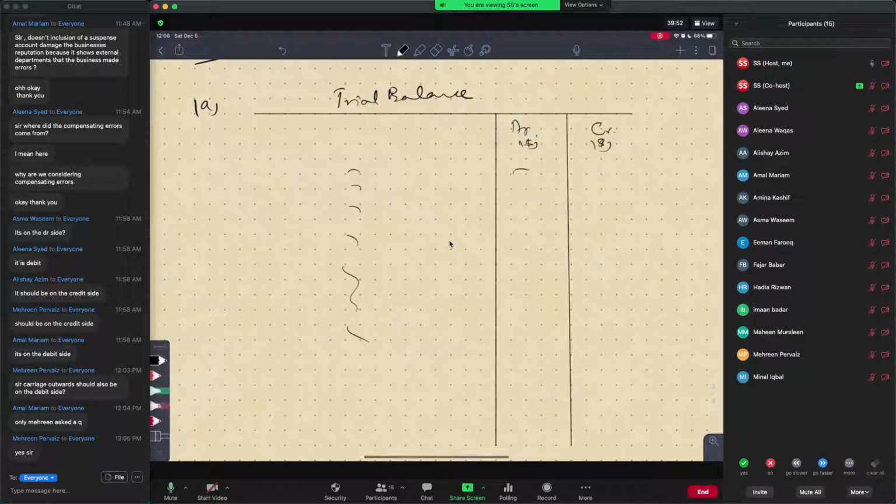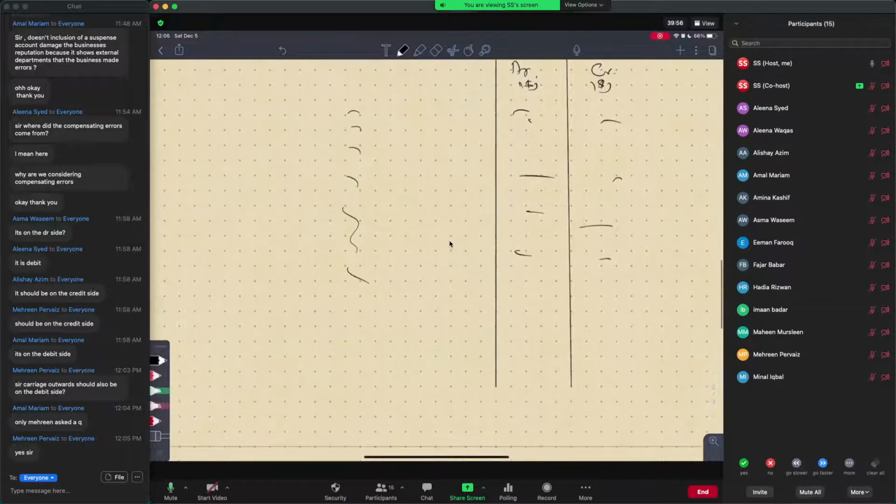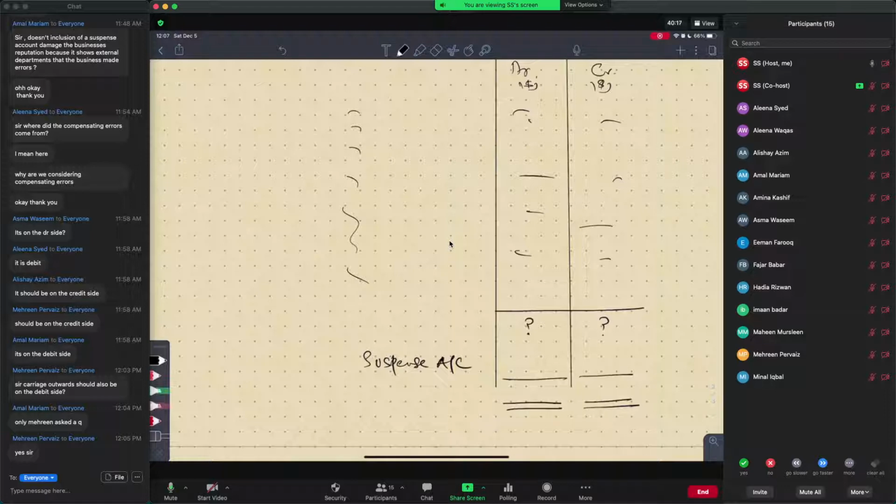We will put all these entries here, and then I want these totals here. I want this total and this total, and then we are going to show the suspense account. We will insert the suspense account here, and then we will have shown the balanced trial balance.